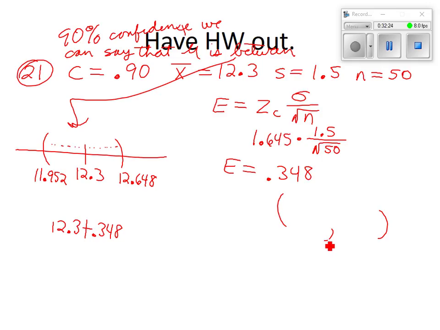What's it show you? 11.951, comma 12.649. Is that wrong? What did I do wrong? 11.951 and 12.649. Is that what we got? Pretty real close, right? And I would accept that. What'd you get, Michael?